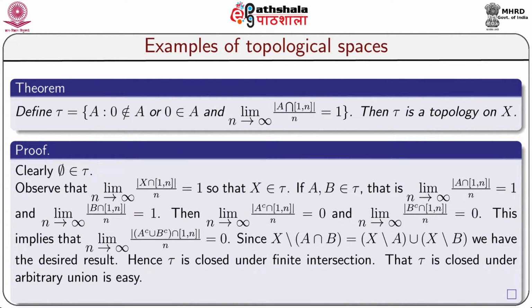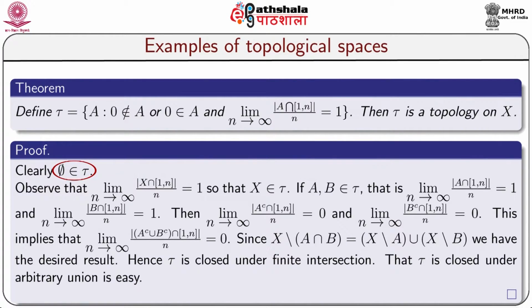Let us define tau to be all those subsets A of X such that 0 does not belong to A, or 0 belongs to A and the limit as n tends to infinity of cardinality of A intersection {1, ..., n} divided by n is equal to 1. It can be proved that then tau is a topology on X.